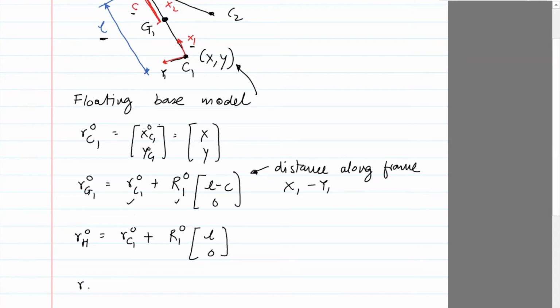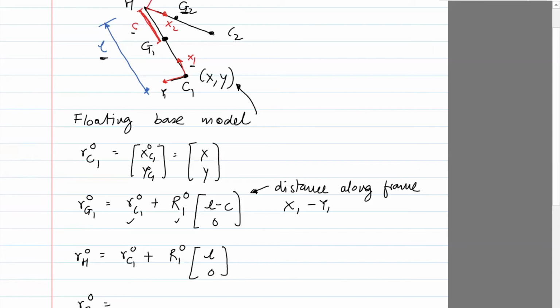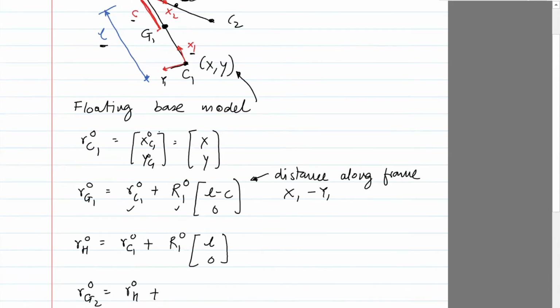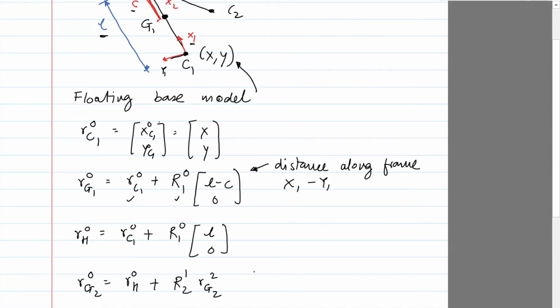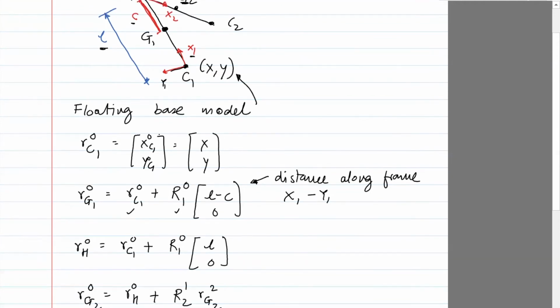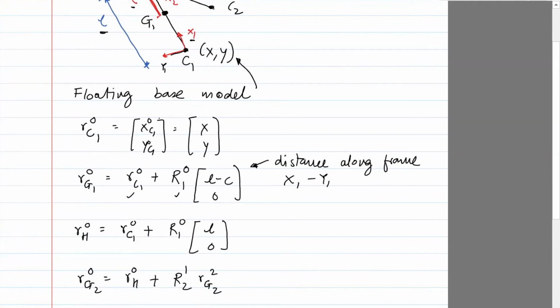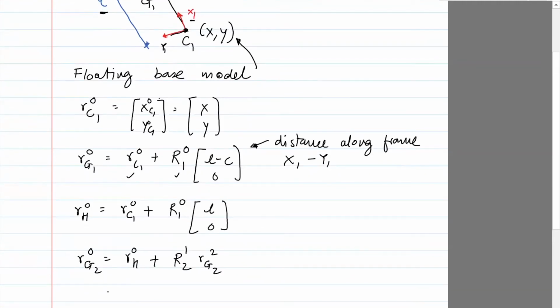Let's get RG2 in frame 0, which is now this point. And so that position is going to be RH0 plus R21 times RG2 in frame 2. Okay, I'm just breaking it down to 2 steps. So this is how you can write it, but you can also write a formula for RG.